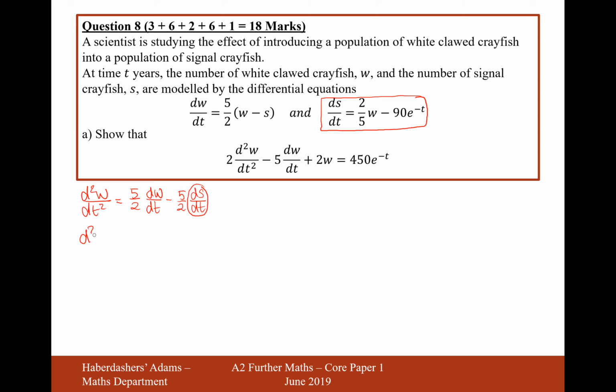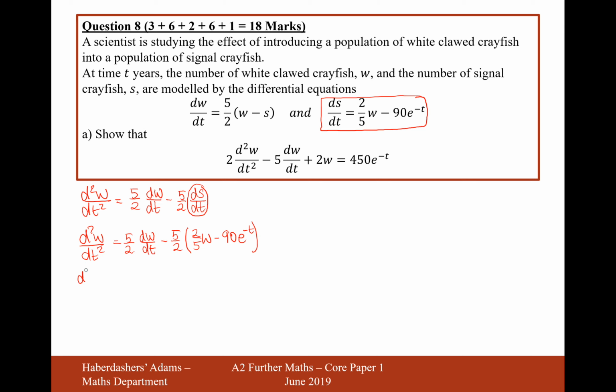So it's going to be d squared w by dt squared equals 5 over 2 dw by dt minus 5 over 2, and then it's going to be ds by dt, which is 2/5 w minus 90 e to the minus t. So let's expand the brackets now.